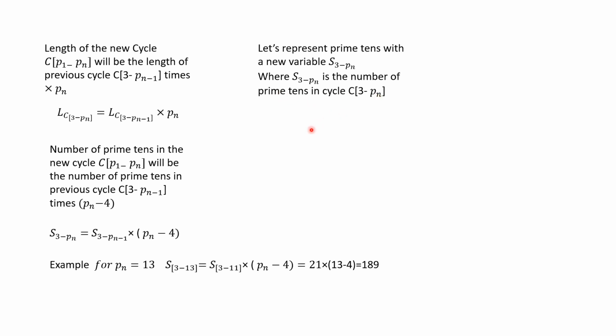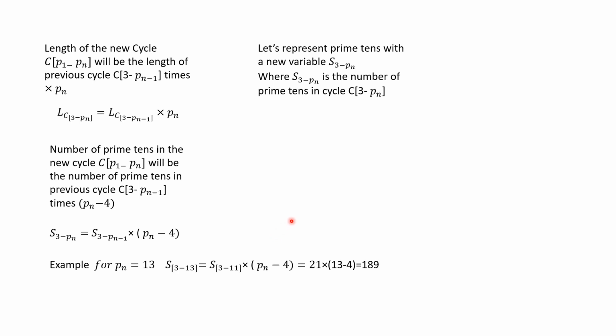You have it here. So the number of prime terms in the new cycle will be the number of prime terms in the previous cycle times prime n minus 4. And you have the formula here. They are very simple, basic equations.